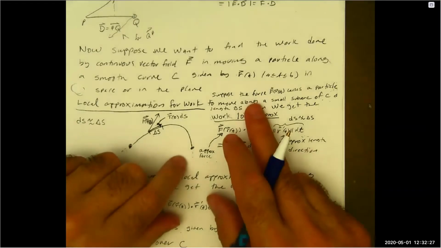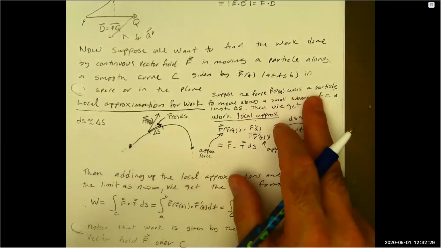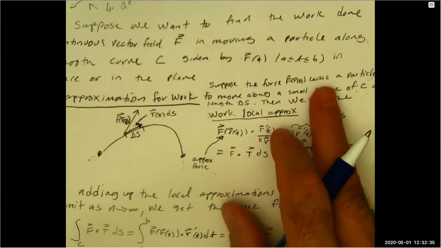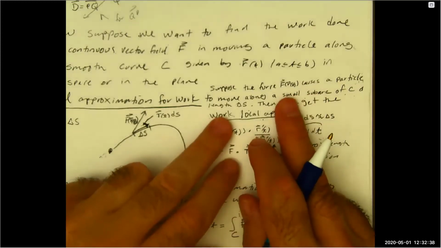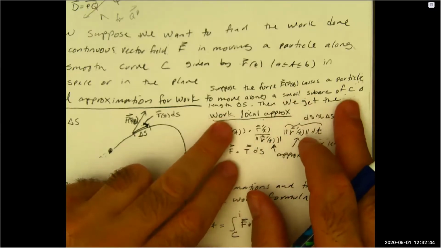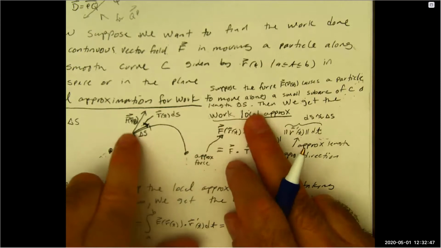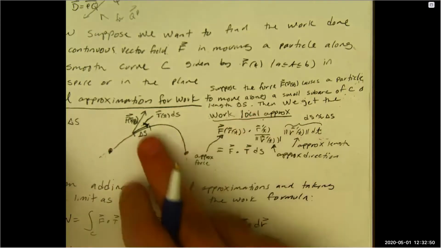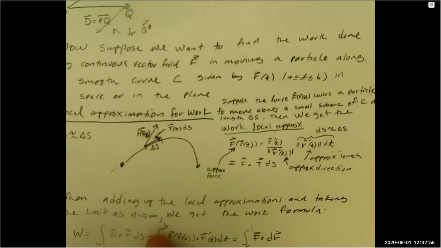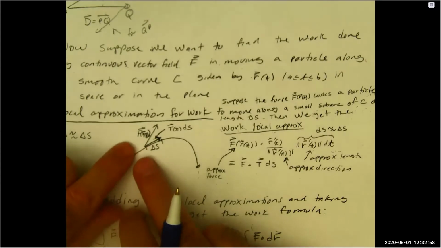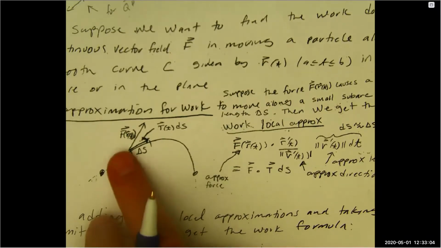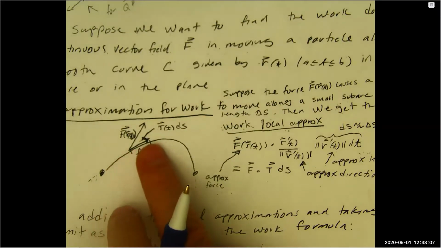So suppose that a force F of r of t causes a particle to move along a small subarc of C of length delta S. And so here you have this force, F of r of t, and it's causing your particle to move along this small subarc here.